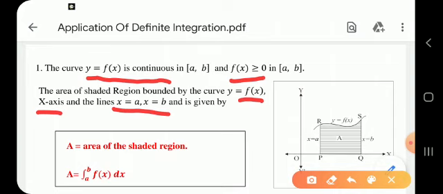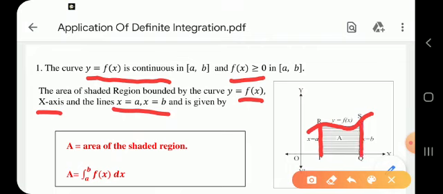Everyone see this figure? Here we consider the coordinate axes, x and y. Here we consider the function y is equal to f of x like this. Then we consider x is equal to a, that is here, then x is equal to b like here.